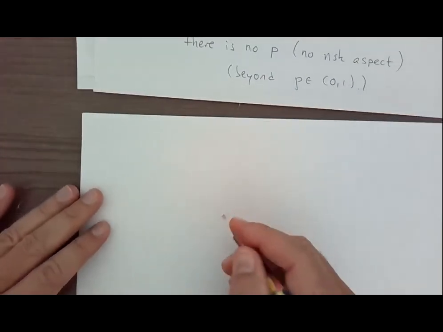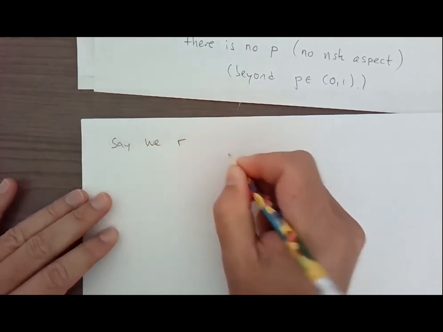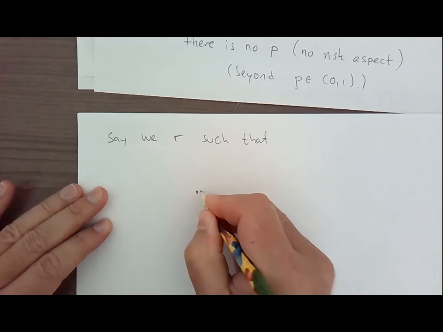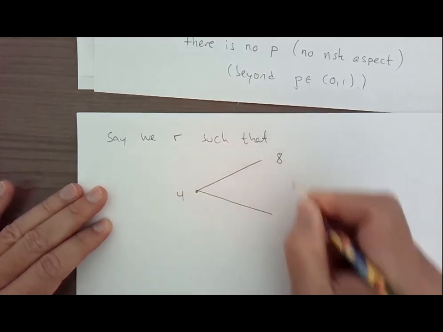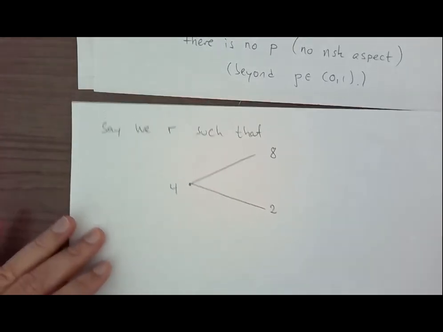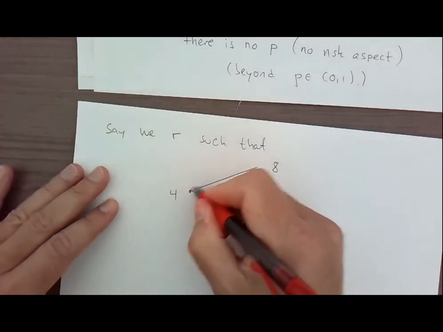So say we have a picture, say we have R such that, this is my 4, it goes up to 8, and it goes down to 2. And now say that you have an R which sits like this. So R goes high up here.